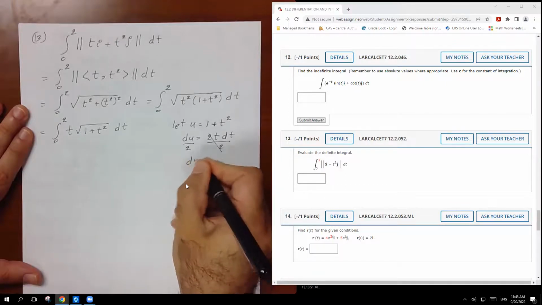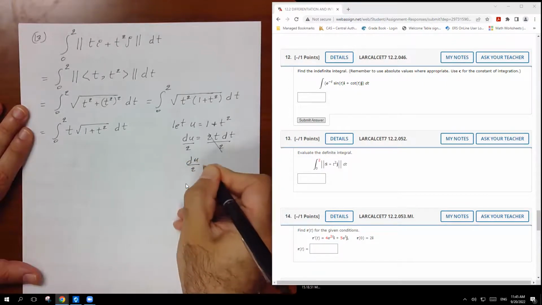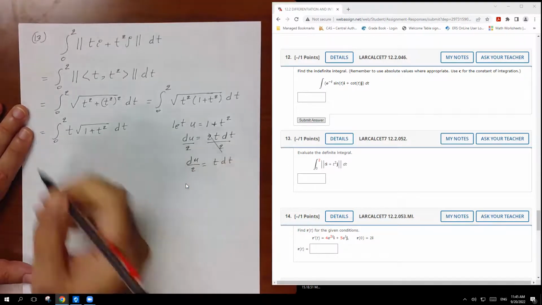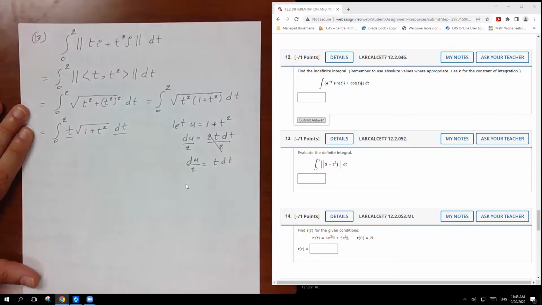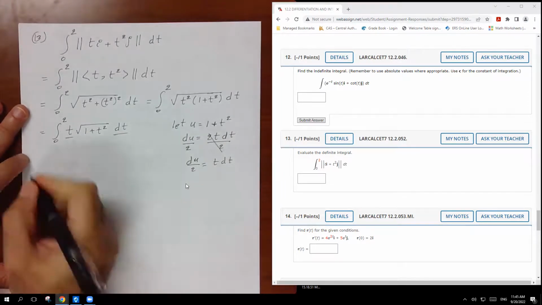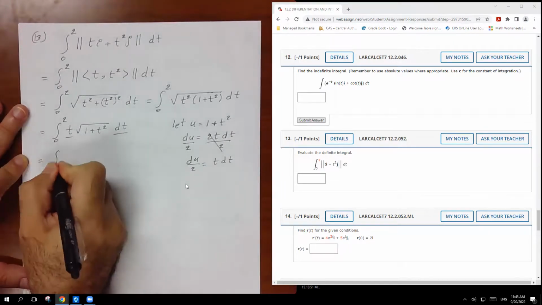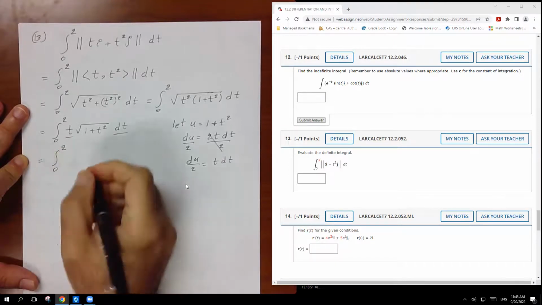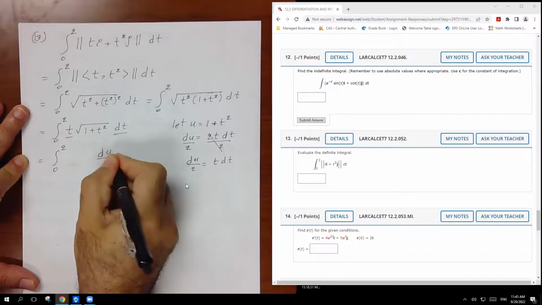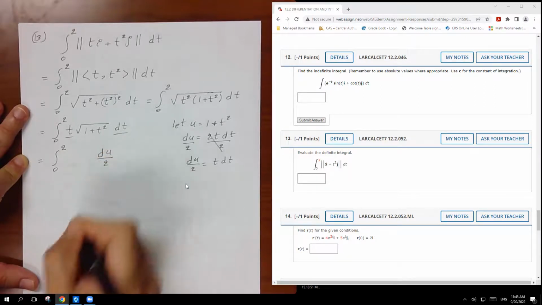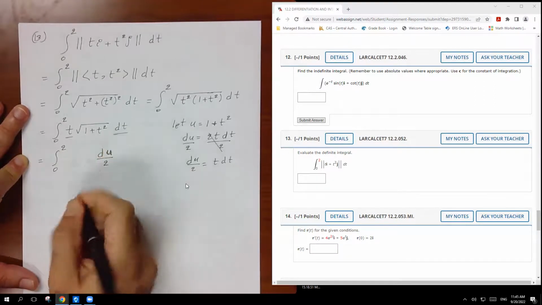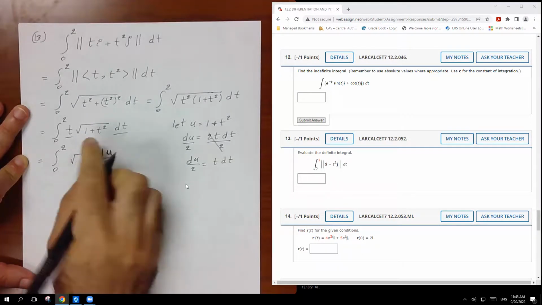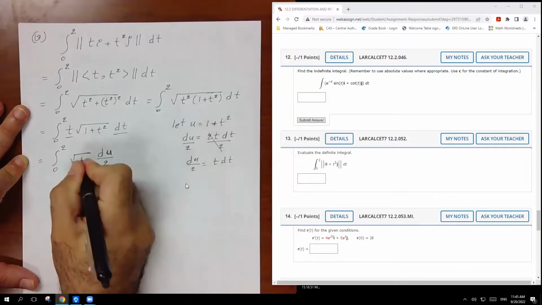So du over 2 is equal to t dt. That means the integral now is going to be from 0 to 2, t dt is du over 2, and the square root of 1 plus t squared is the square root of u.